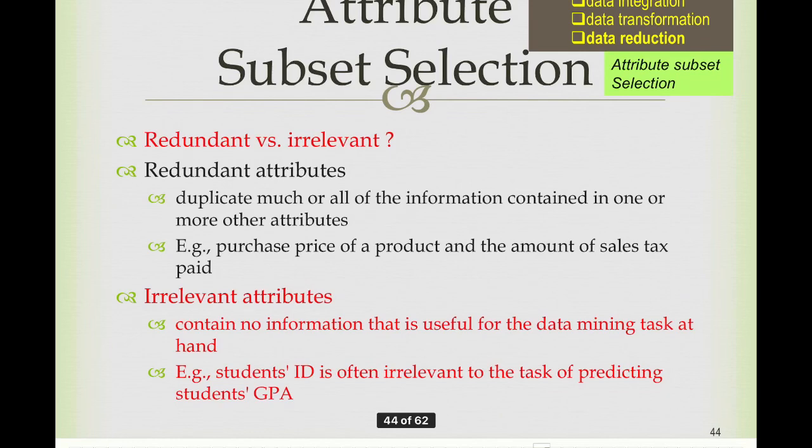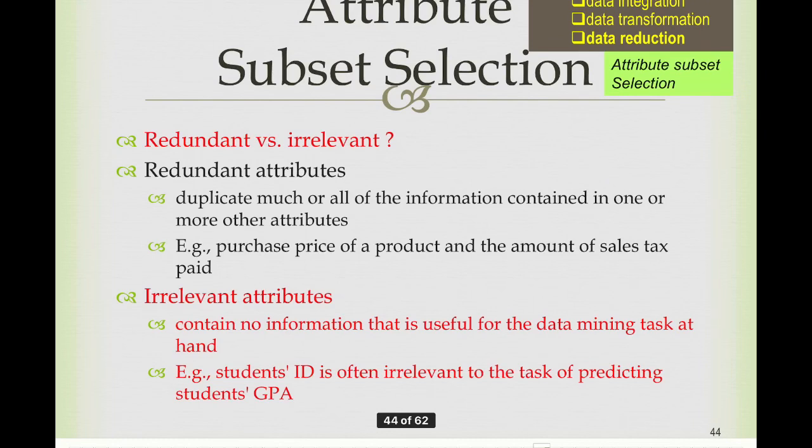Irrelevant attributes, okay, we can remove the irrelevant attributes here. For example, an irrelevant attribute is an attribute that contains no information that is useful for the data mining task. Example, student ID is often irrelevant for predicting the student's GPA, or student name. Name or your ID will not necessarily give the value of your CGPA.